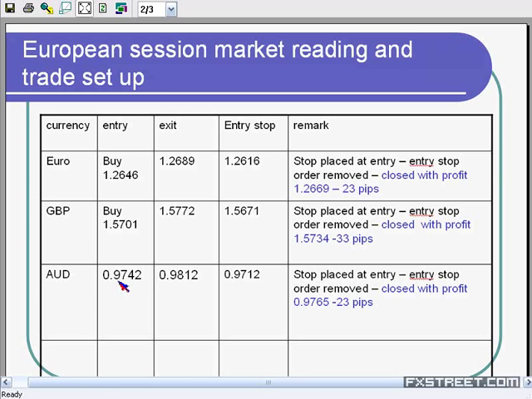In the case of the Australian dollar, similarly, I took a buy around 97.42, the initial low level. That is the first currency I identified, because I know that commodity pairs are used to lead the rally and lag behind. Even now you can see that the Australian dollar has not come below 97.42, even though euro and GBP have made a dip.